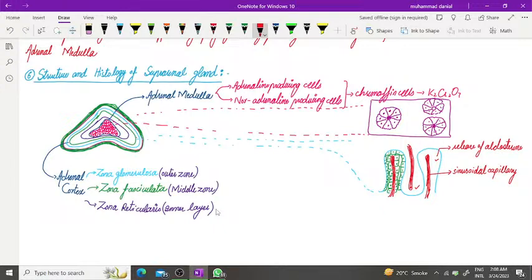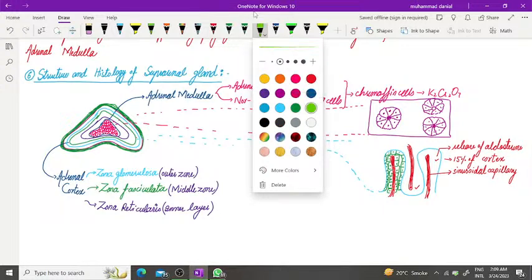This is the hormone responsible for the regulation of sodium and potassium in the blood and in the body. And this layer is going to contribute 15% of the cortex, or adrenal cortex.